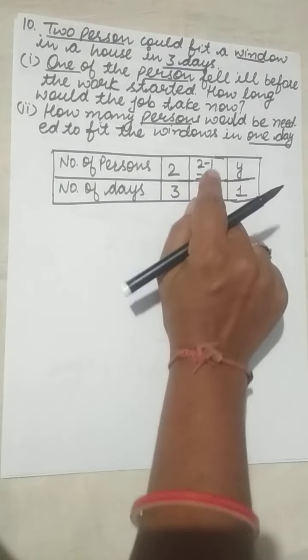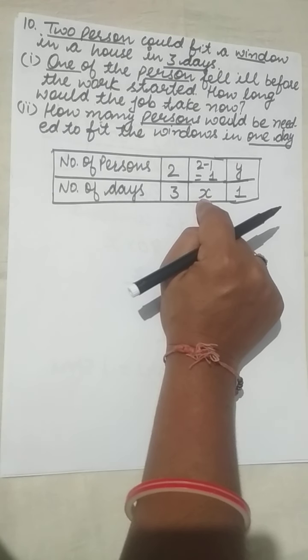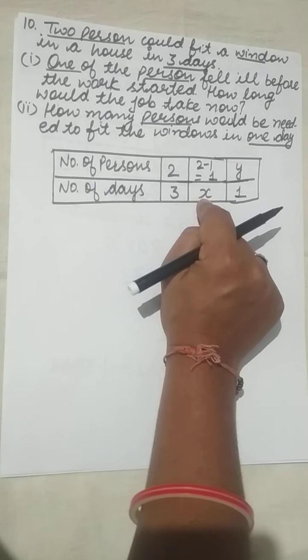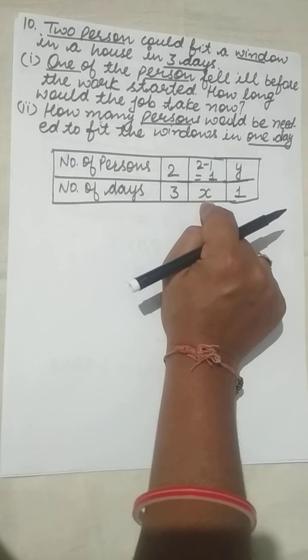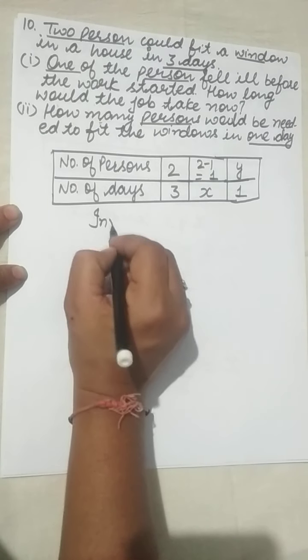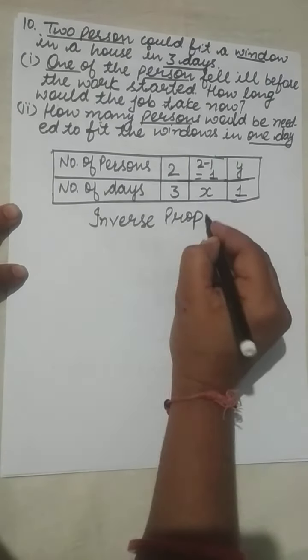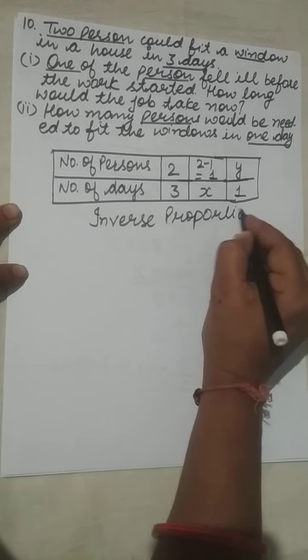If the number of persons decreases, the number of days will increase. If the number of persons increases, the number of days will decrease. So this is inverse proportion.